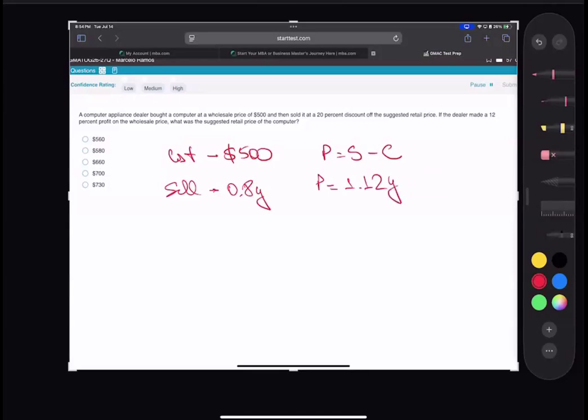What was the suggested retail price of the computer? Profit is 1.12Y. Sales 0.8Y. Cost 500. Okay? There's something very wrong here.